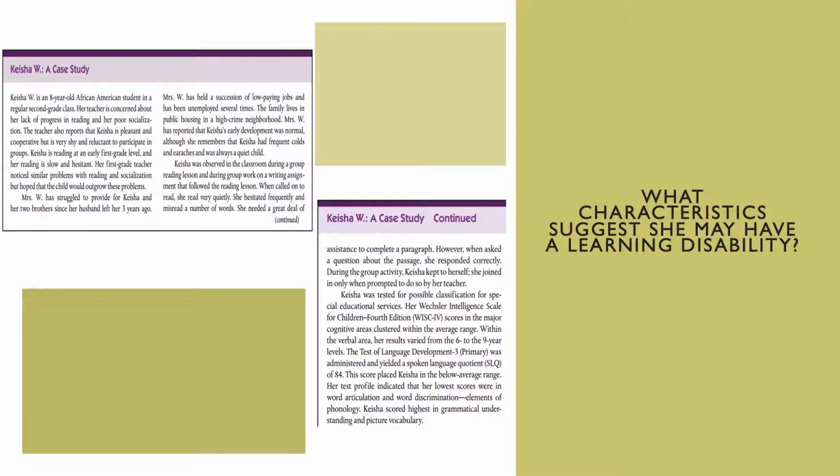So as you're looking at this, some things may suggest she has a learning disability. It says she has difficulty reading words, and there's her reluctance to talk, and those results from her language testing might cause you to think, is something else going on, even though it was slightly below average, which is pretty close.